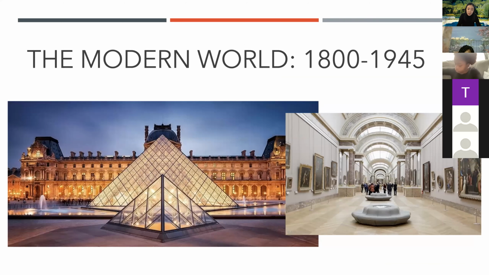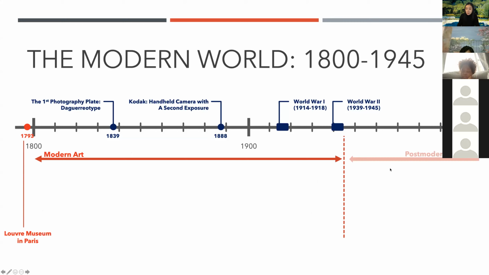And after this period, we can say that it's the post-modern art or contemporary art period. So the modern art is divided into two here: before the avant-garde and after the avant-garde.